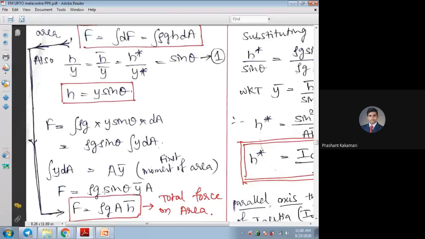You can write both equations for the total force acting on a given surface. You can write it with the inclined length: F equal to rho g sin theta y bar A. With respect to vertical height, F equal to rho g A h bar. It means the total force will be acting at the center of gravity.